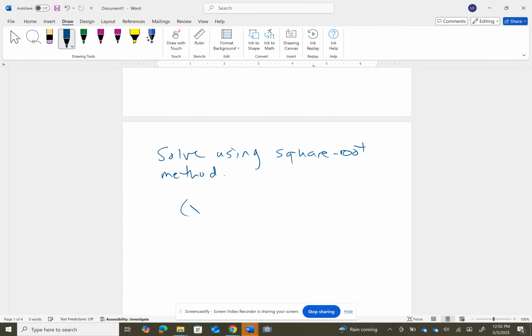So something like this, if you had (x minus 4) squared minus 2 equals 46, something like that. Something where it would be possible to isolate the thing getting squared. That's when the square root method works well.